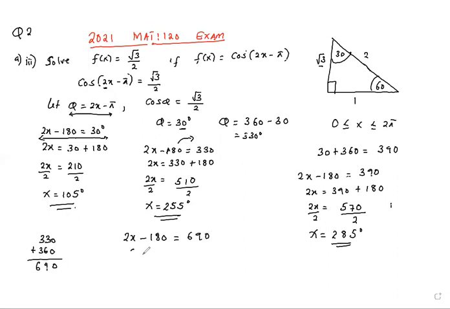Let's see if it makes sense. 2x is 690 plus 180, to add here, we get 870. Divide by 2, and this is 435, which has gone beyond, greater than 360. So we don't get there.